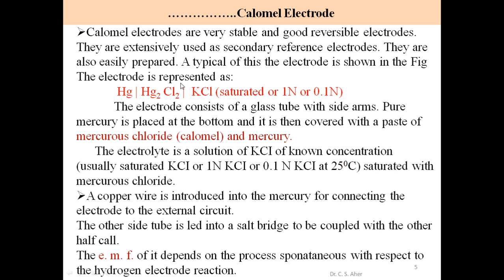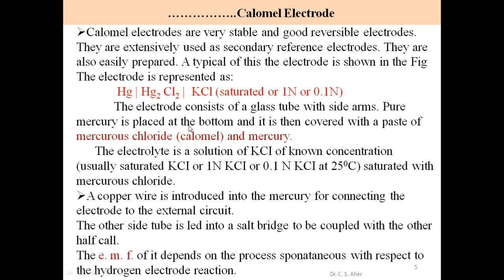This electrode is represented at that connection. Just now we saw from the bottom side, the copper wire is connected to mercury, and the mercury chloride paste is there, which is connected to the saturated KCl solution. Generally this solution has a normality of 1 or 0.1 normal. This electrode consists of a glass tube with a side arm.